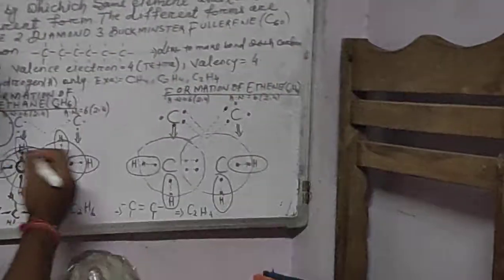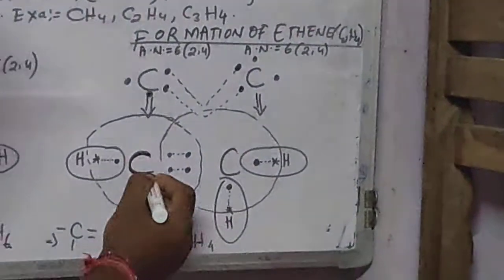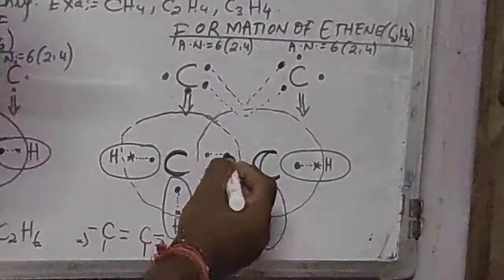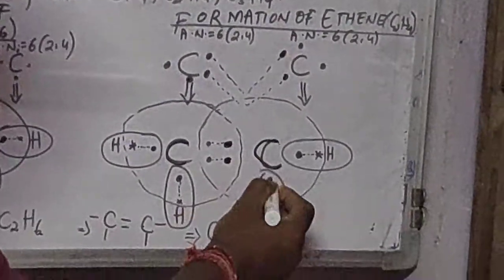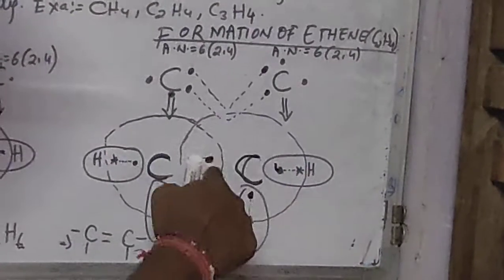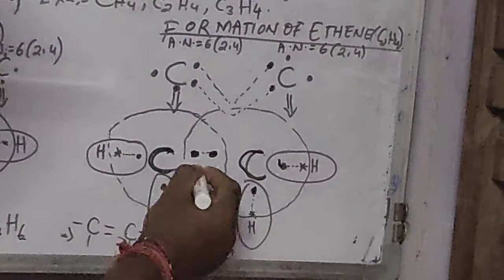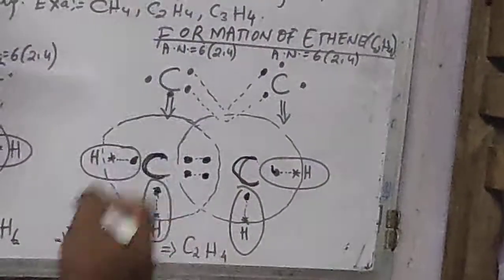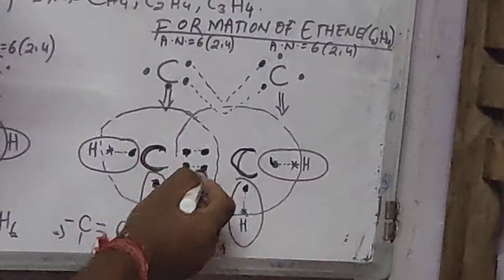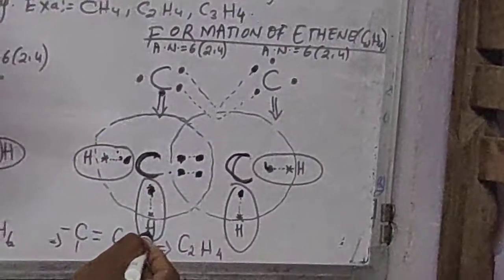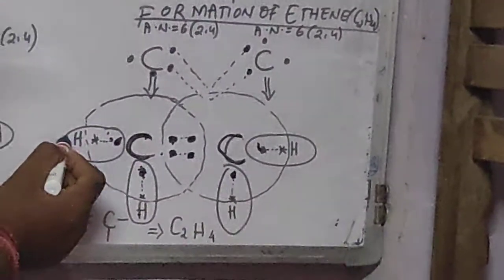Let us see. This is one carbon, this is also one carbon. How many electrons does it have? 4 electrons, 1, 2, 3 and 4. This carbon also has 1, 2, 3 and 4. Now these 2 will make the bond here and here. How many are left? 2 are left on each carbon. They will make bonds with hydrogen.